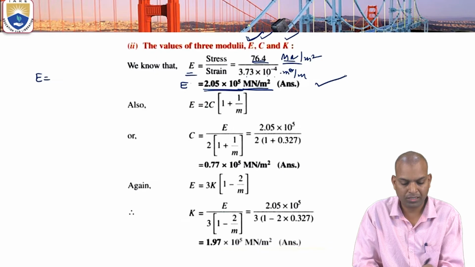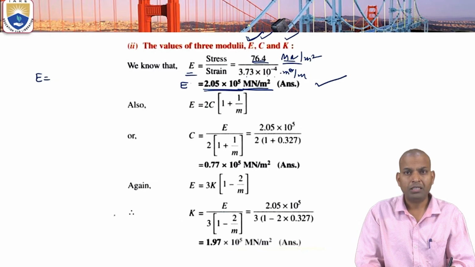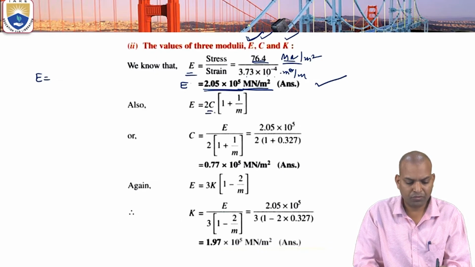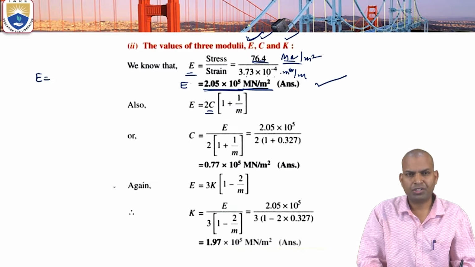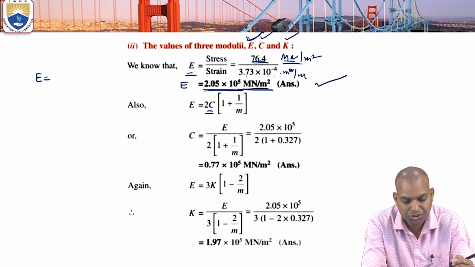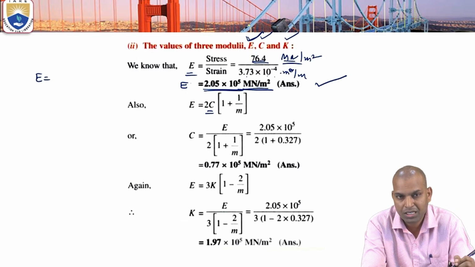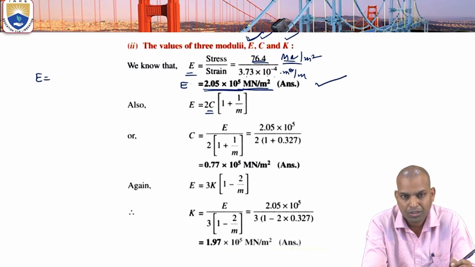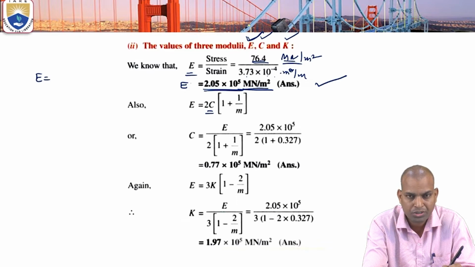One objective was calculated. Then we want to find out modulus of rigidity. We have to search for the formula which has a relation between modulus of elasticity, modulus of rigidity and Poisson's ratio.